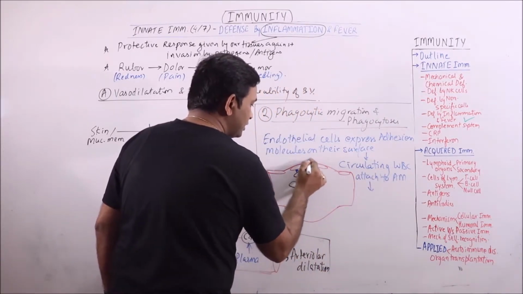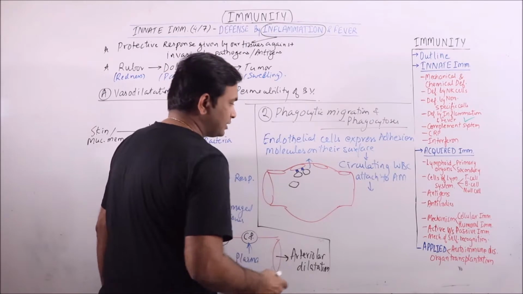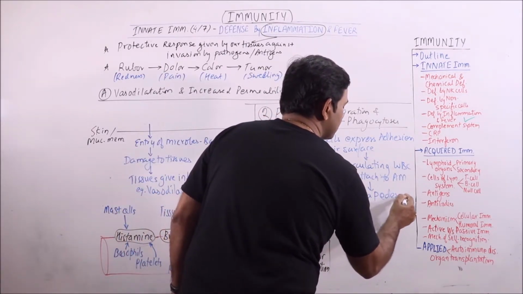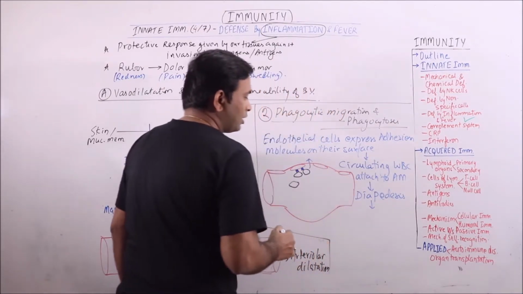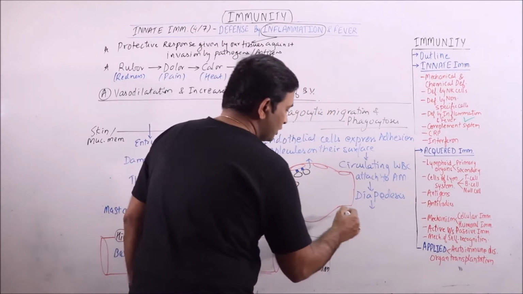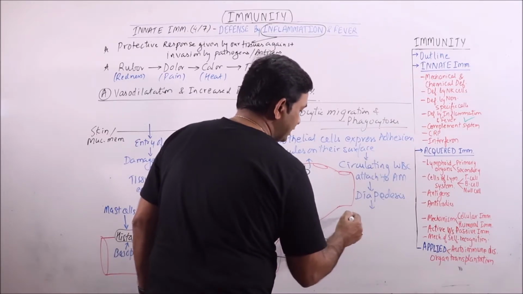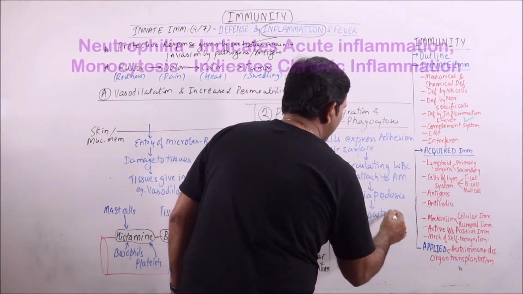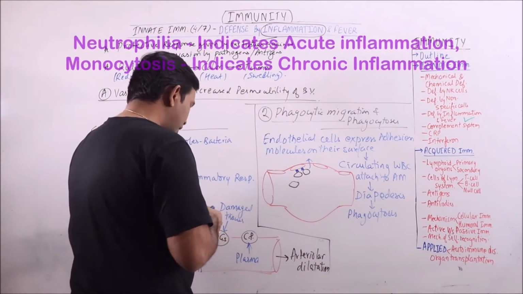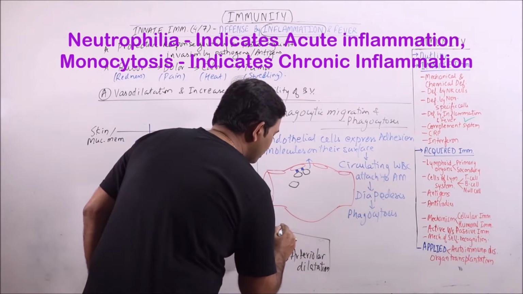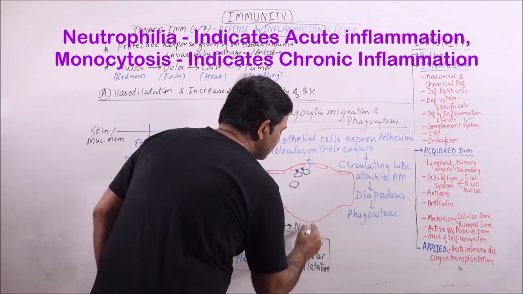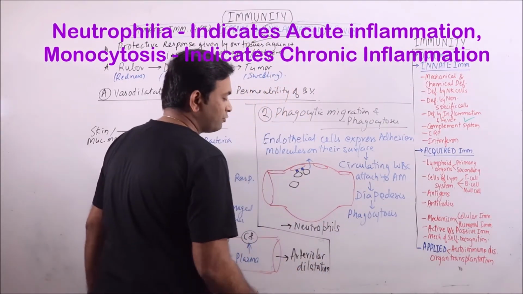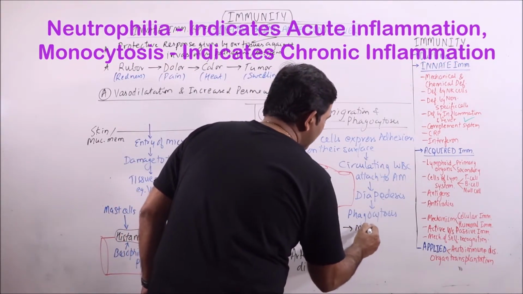Then gradually they will come out of the blood vessel, and that is known as diapedesis. And finally, under influence of chemicals, they will move towards the pathogen or antigen and perform the phagocytosis there.